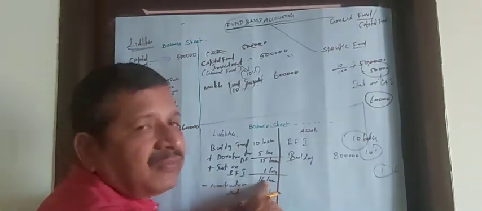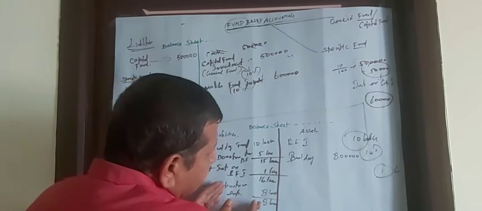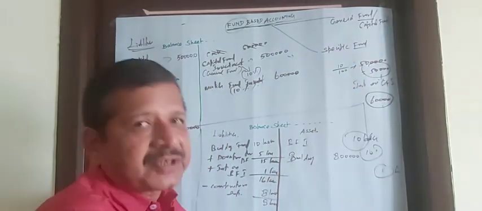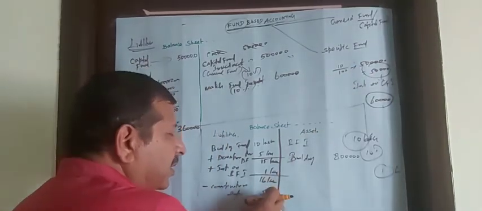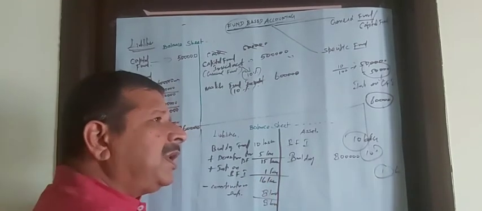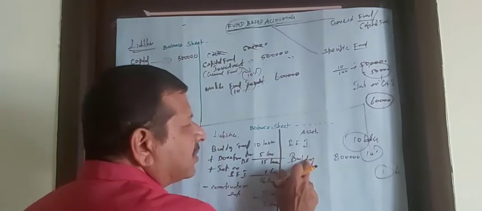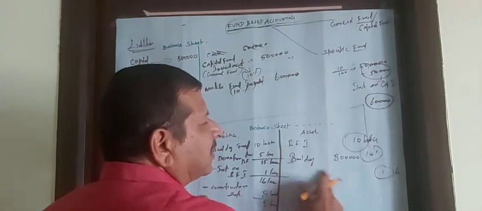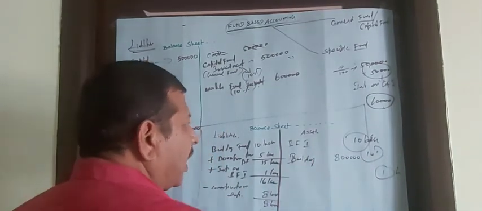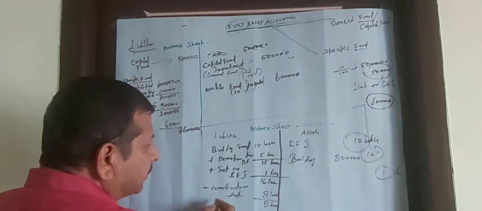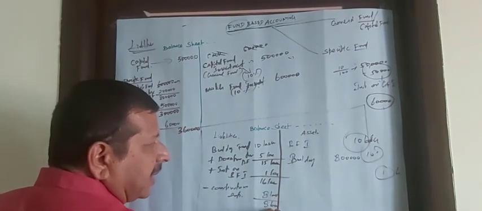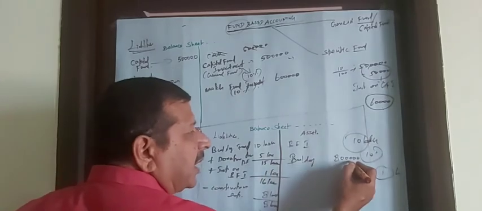Because in the case of the building fund, whatever expenses you spend, if the construction is taking place, after that it will be converted into an asset. That asset will appear on the asset side of the balance sheet. Now one question will be there. Here you have deducted 8 lakhs, so the building is appearing at 8 lakhs.